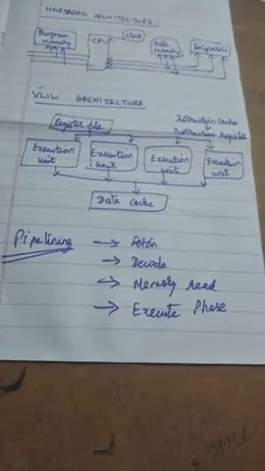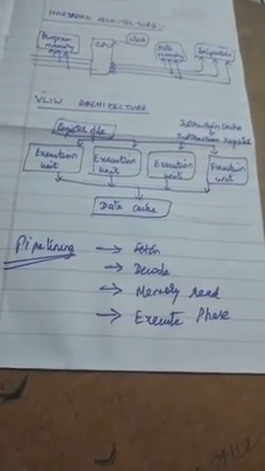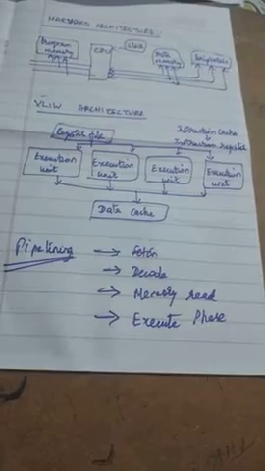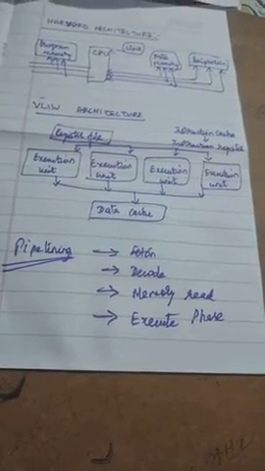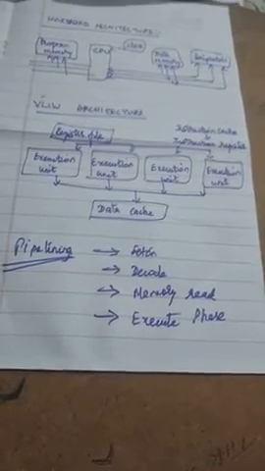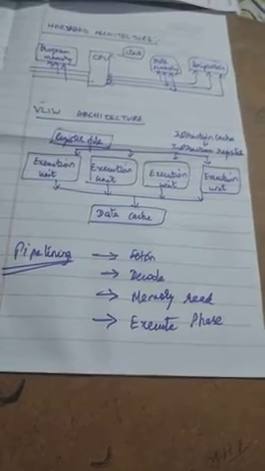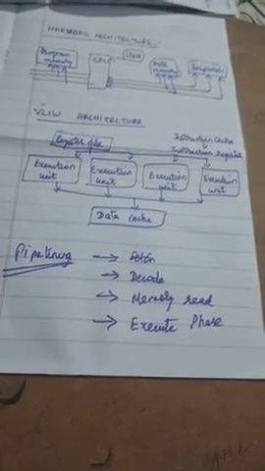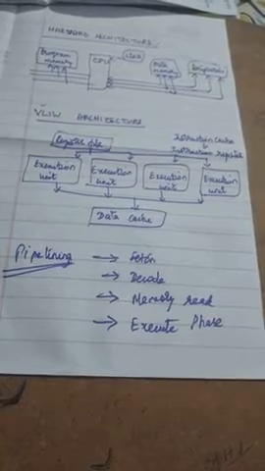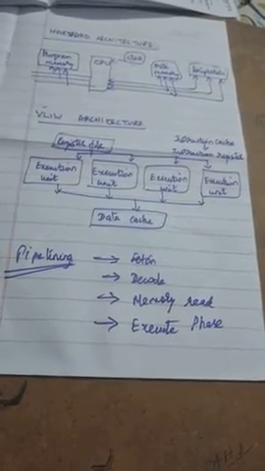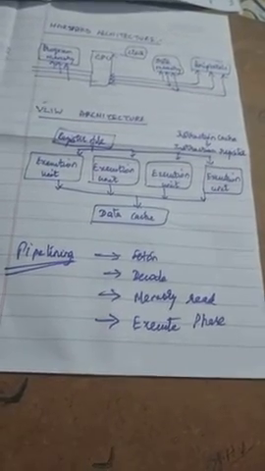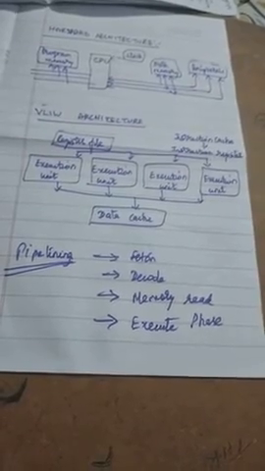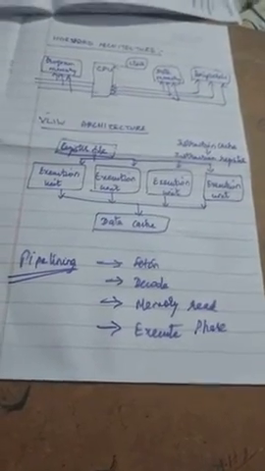The third is memory read, which reads and writes data from or to the data buses. The fourth is the execution phase, which executes the instruction in the instruction register and completes the writing process.